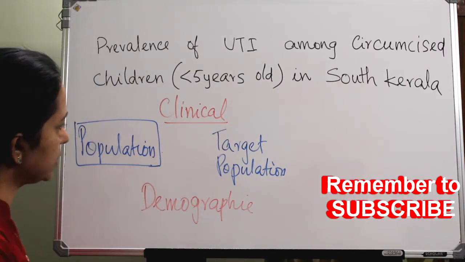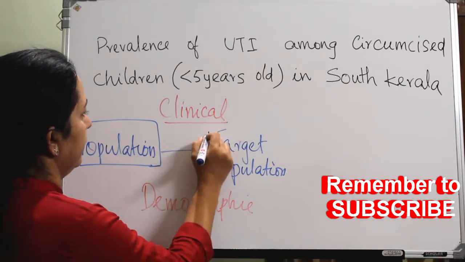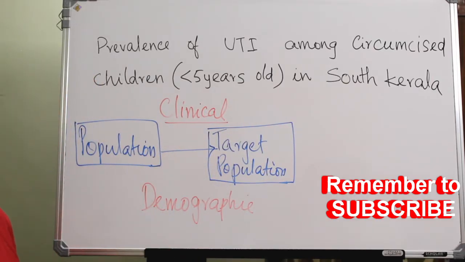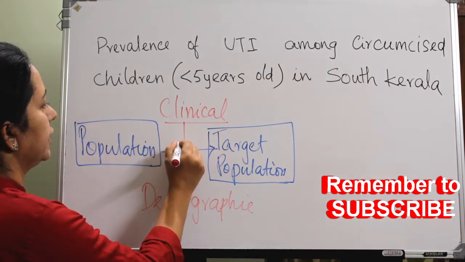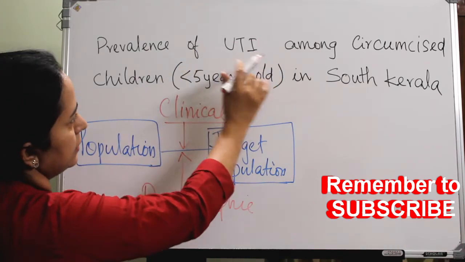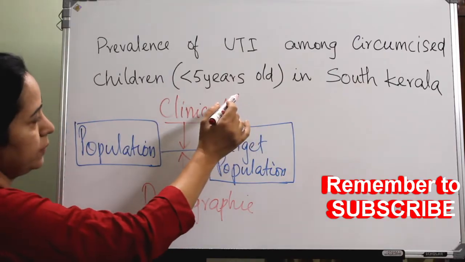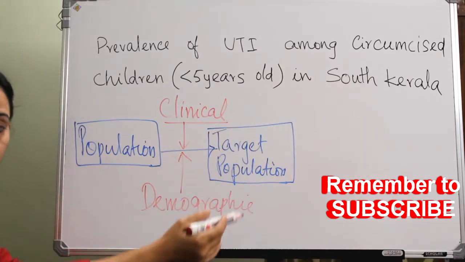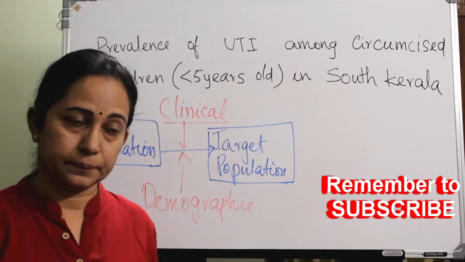So these two should be there to derive the target population from the bigger population. That is, the children of less than 5 years old having urinary tract infection and who have undergone circumcision in South Kerala is the target population.